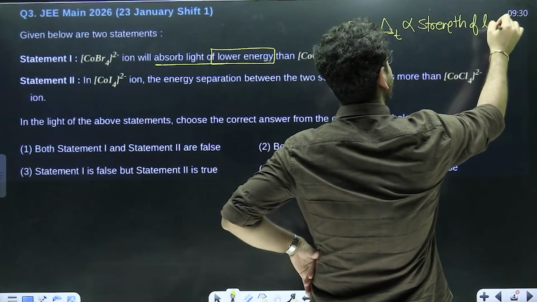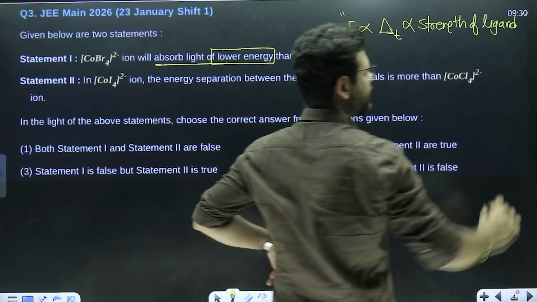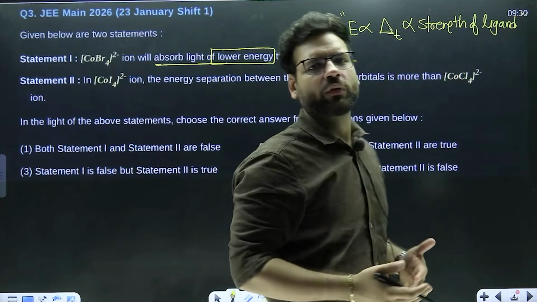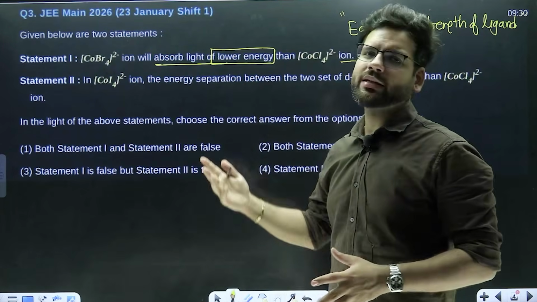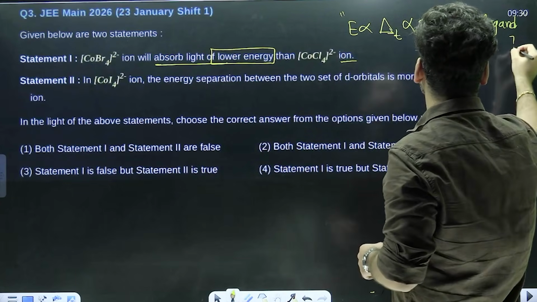It depends on other factors as well, like positive charge on the metal, size of metal. Okay, top to bottom we have to look for the Z effective as well. But for this question, because metal is same and the charge is same, I am looking at the strength of ligand. We know that strength of ligand comes from the spectrochemical series.